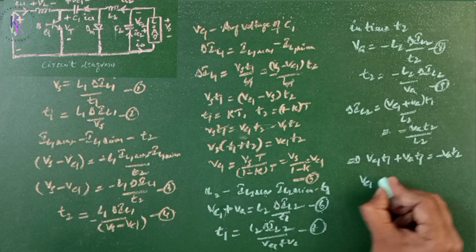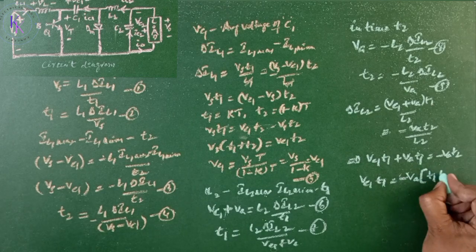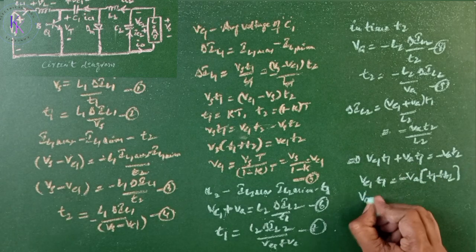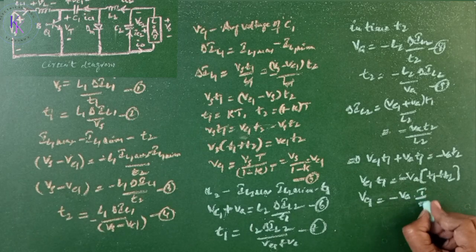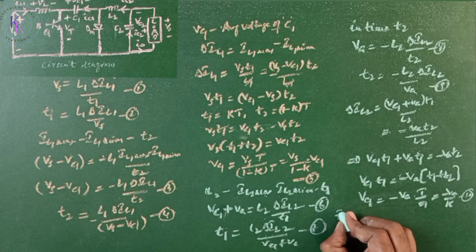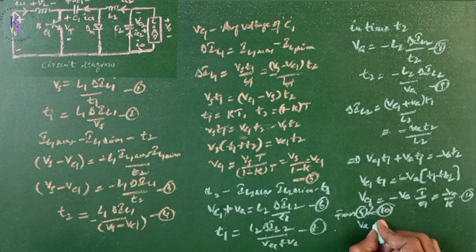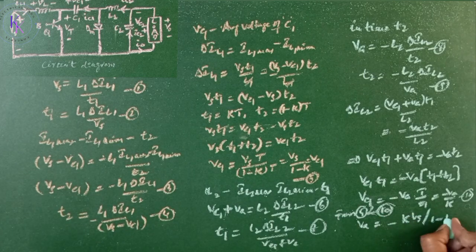Then Vc1 T1 equals minus Va (T1 plus T2). From this, Vc1 equals minus Va T by T1, which is nothing but minus Va by K. That is equation number 10. Now from 5 and 10, Va equals minus K Vs divided by 1 minus K. That is equation number 11.